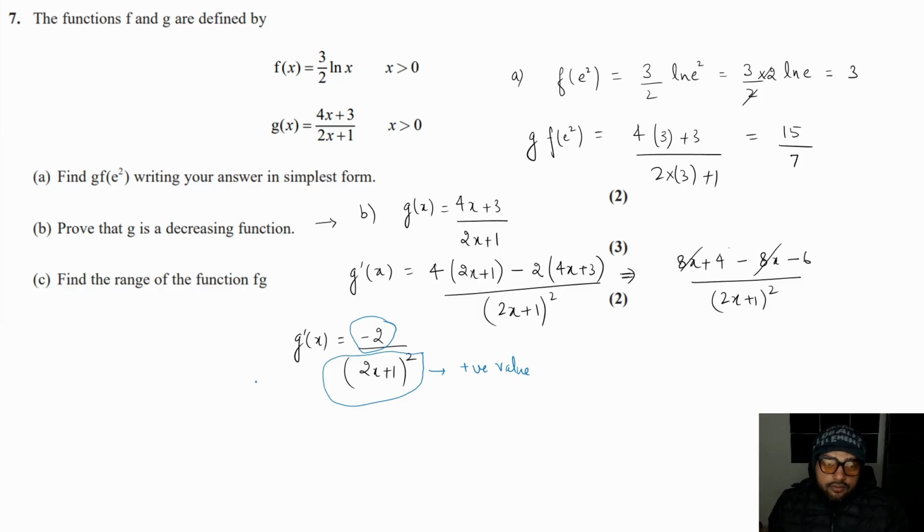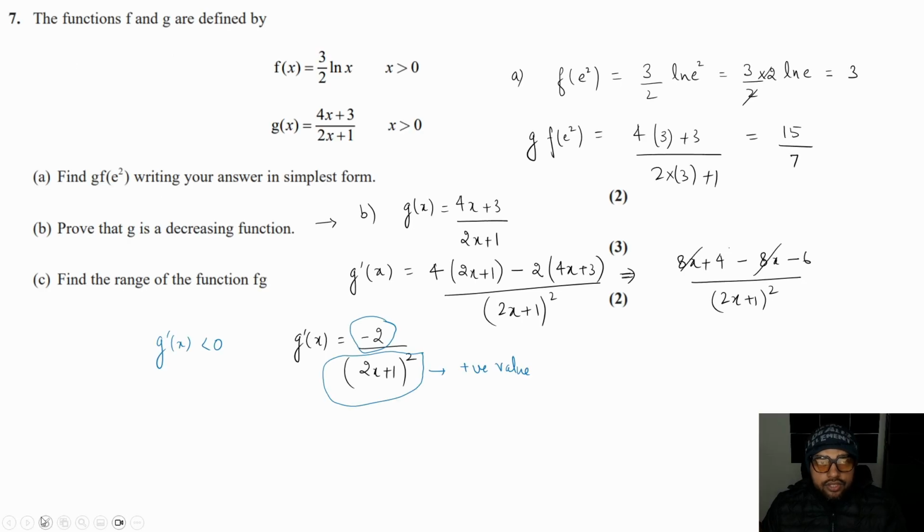Hence we can show that g prime x is always less than 0. Okay, student, now coming to the third part, that is part C, we need to find the range of the function fg. Okay, now we are solving part C, student. Yeah, C: range of fg, they have given fg.